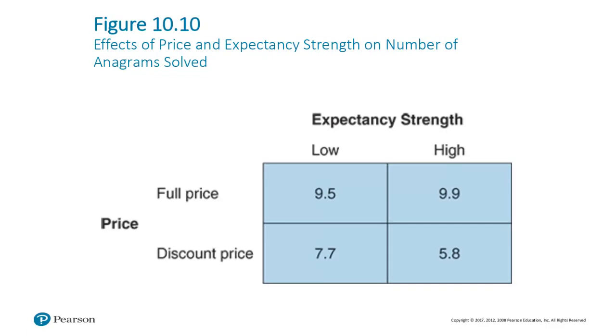And so what do you find? Well, at low expectancy strength, there is a discount price of 7.7, whereas at high you have 5.8. But you can see that it increases from 9.5 to 9.9 for the full price for the expectancy, but it decreases for the discount price.